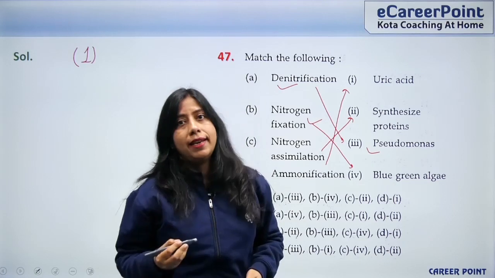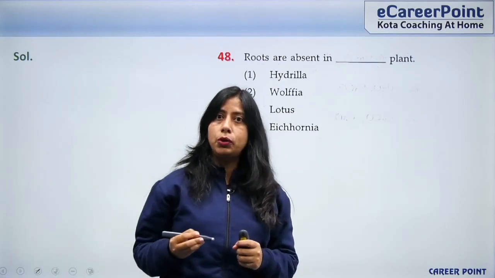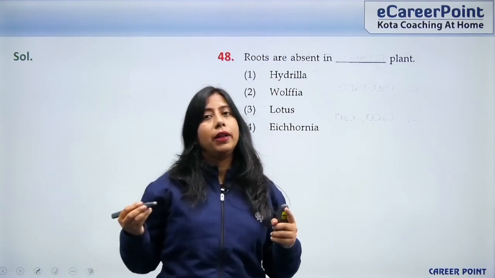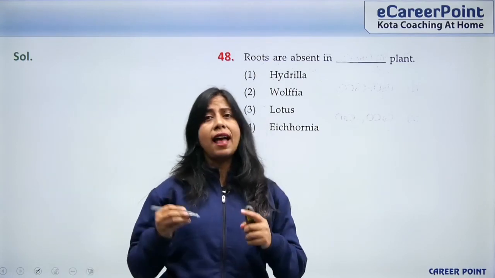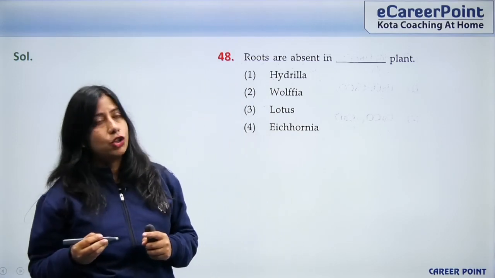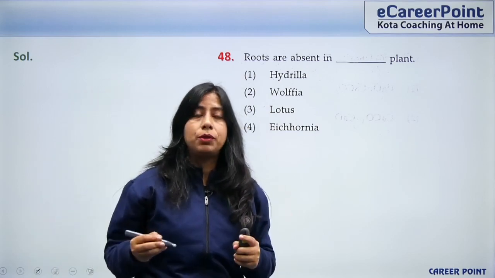Now moving on to the next. Here it's asked about the roots. All the 4 options are aquatic plants found in the water. They have one or the other adaptation to survive in aquatic conditions. Now here it's clearly mentioned roots are absent.